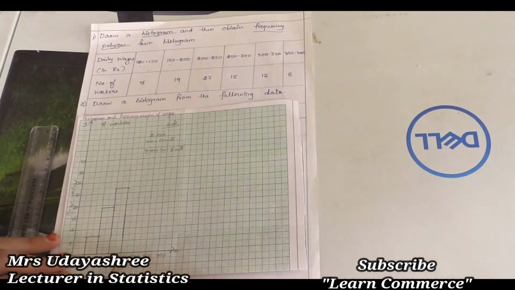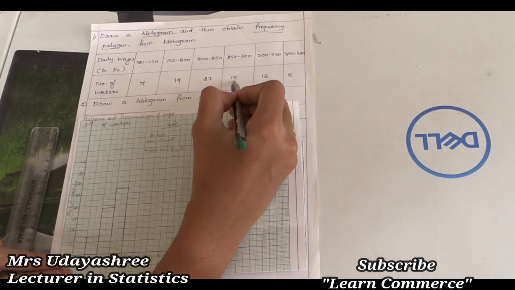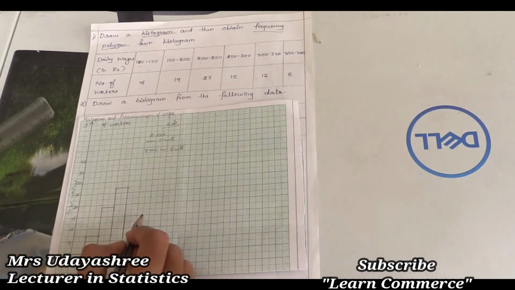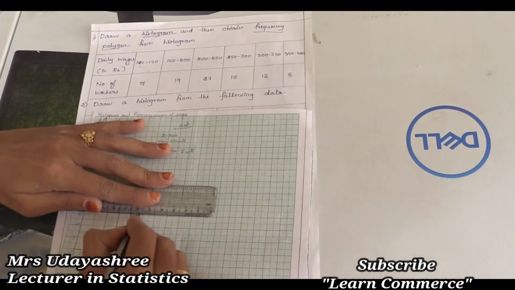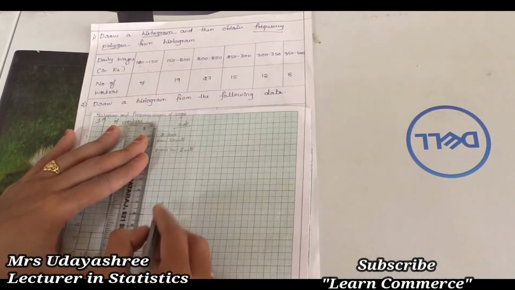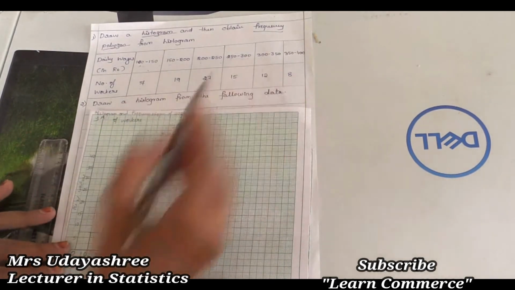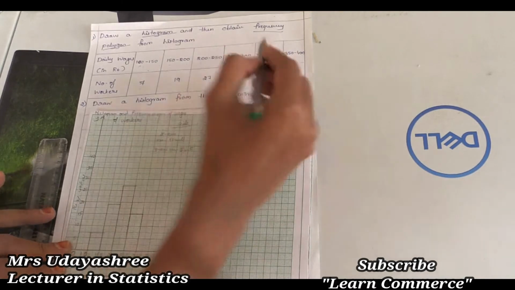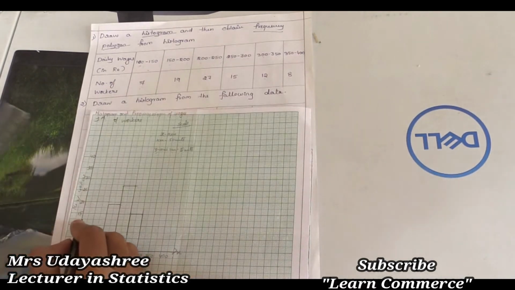Next 250 to 300, 250 to 300 corresponding frequency is 15, see 15 is here. Next 300 to 350, corresponding frequency 12, so 12 comes here.